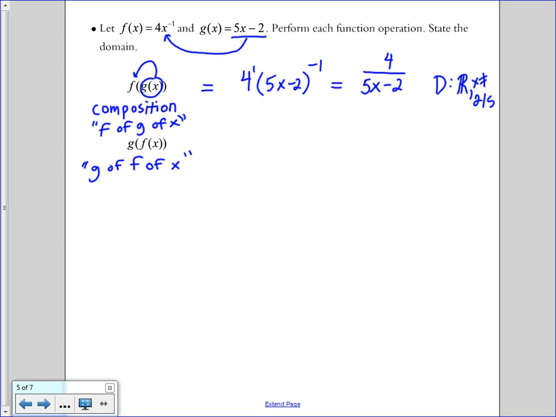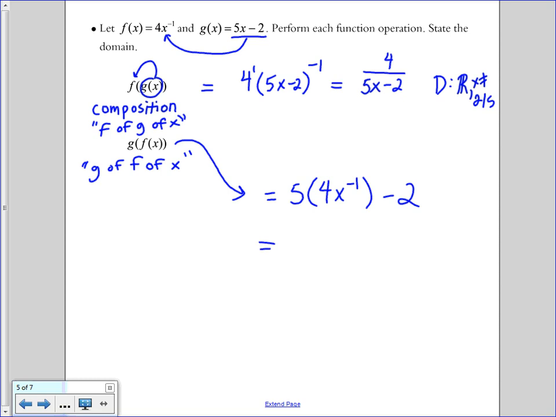And then let's do this composition because it's going to be different. This time I'm putting f inside of the g function. So I'm going to take my g function, where I see x, I'm opening a set of parentheses. And inside those parentheses, I'm going to insert the f function, which was this. And then I can simplify.